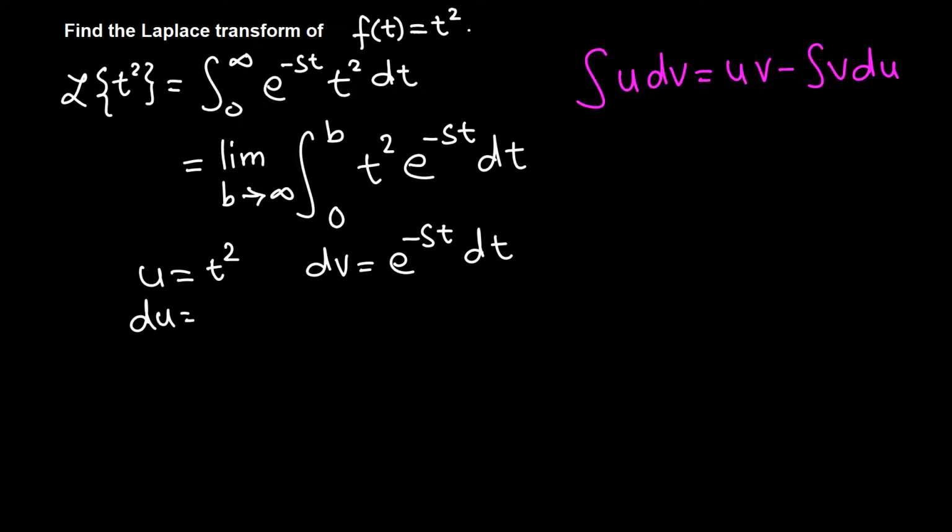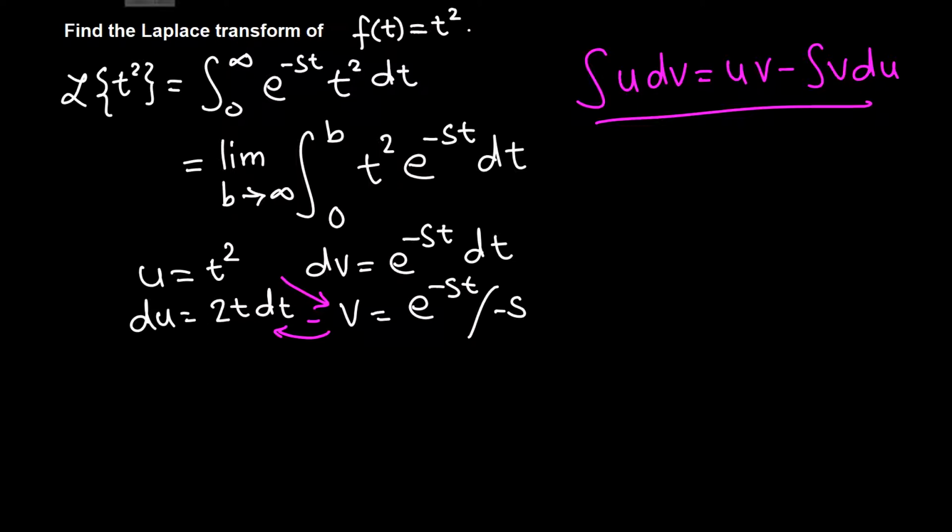So du is, now find the derivative of this with respect to t, so 2t dt. Integrate with respect to t, so v equals e to the negative st divided by negative s. Okay, then this is in fact uv minus integral v du, just using this formula.